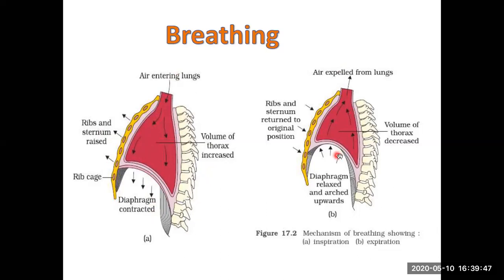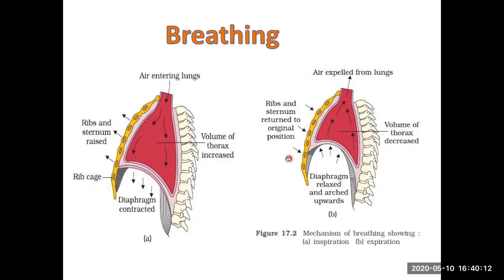The reverse process takes place here. Diaphragm, sternum, ribs all relax again and reach their normal position. So there is a reduction in the volume of the thoracic cavity, so the intrapulmonary pressure is high as compared to the atmospheric pressure, and the air forcefully goes out.